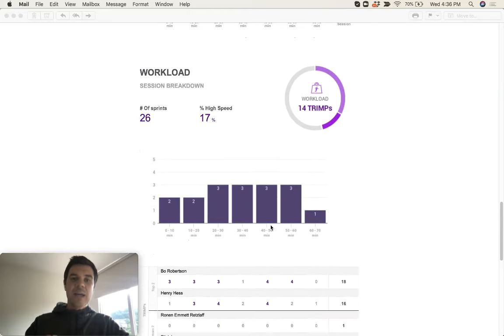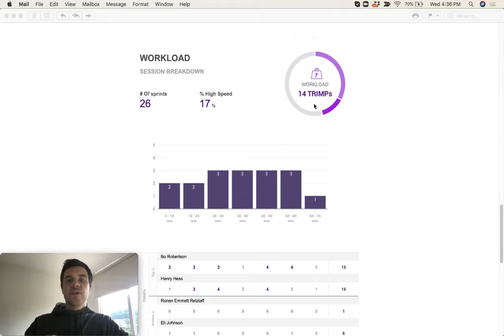And then finally, our workload metric. You can see here that on average for the group, their workload was 14 trimps, which is an arbitrary term, but it stands for training impulse units. It's how we measure workload. We then also show the number of sprints, and that's important because sprints are a multiplier of workload. Why?